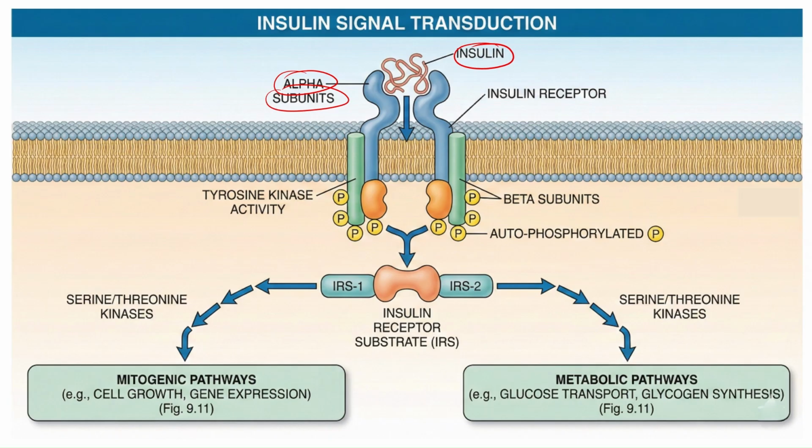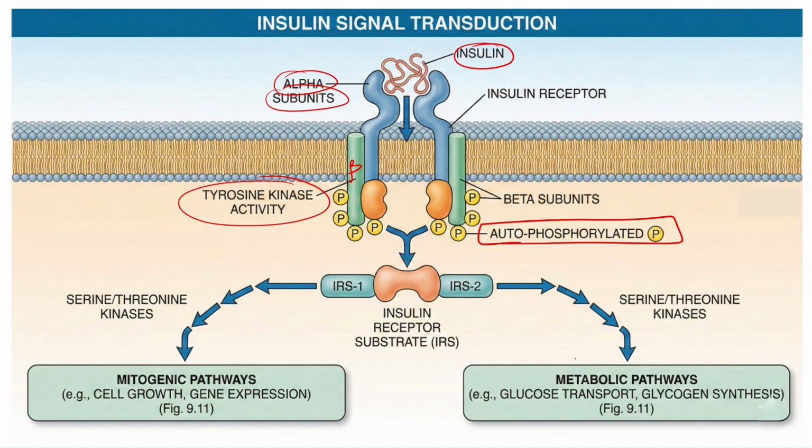This connection triggers the tyrosine kinase activity within the beta subunits. As a result of this, the beta subunits undergo autophosphorylation, switching the internal signal on. We said the tyrosine kinase activity acts as an on switch. So autophosphorylation will lead to the activation of signal transduction.